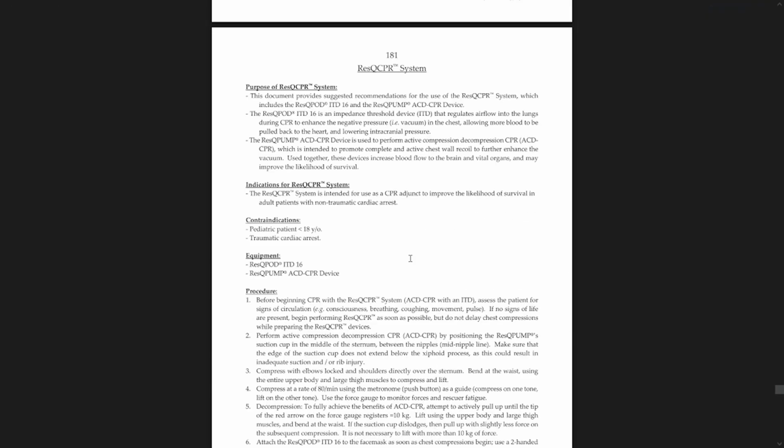For the ResQCPR system, this document provides suggested recommendations for the use of this system, which includes the ResQ POD-ITD-16 and the ResQ pump ACD-CPR device. The ResQ POD-ITD-16 is an impedance threshold device, an ITD, that regulates the airflow into the lungs during CPR to enhance negative pressure, i.e. a vacuum in the chest, allowing more blood to be pulled back to the heart and lowering intracranial pressure.